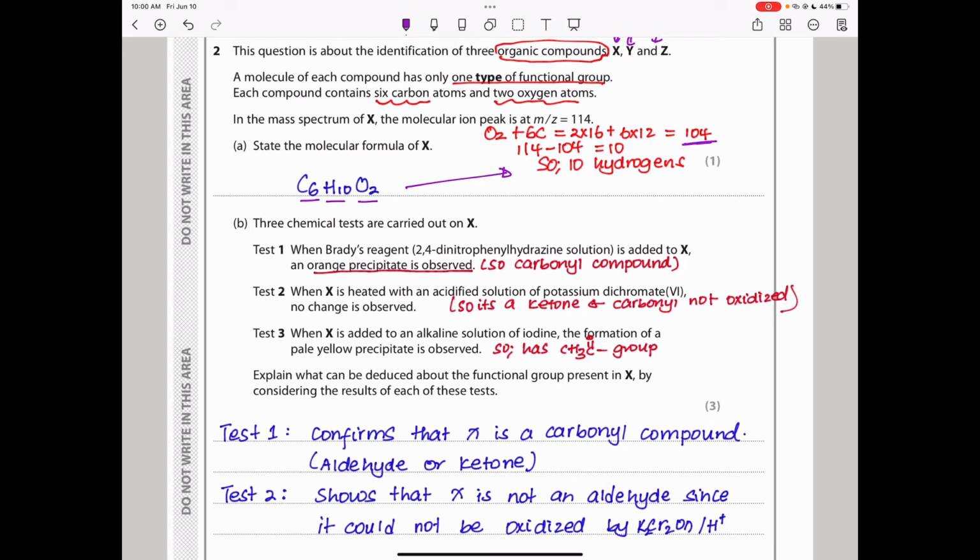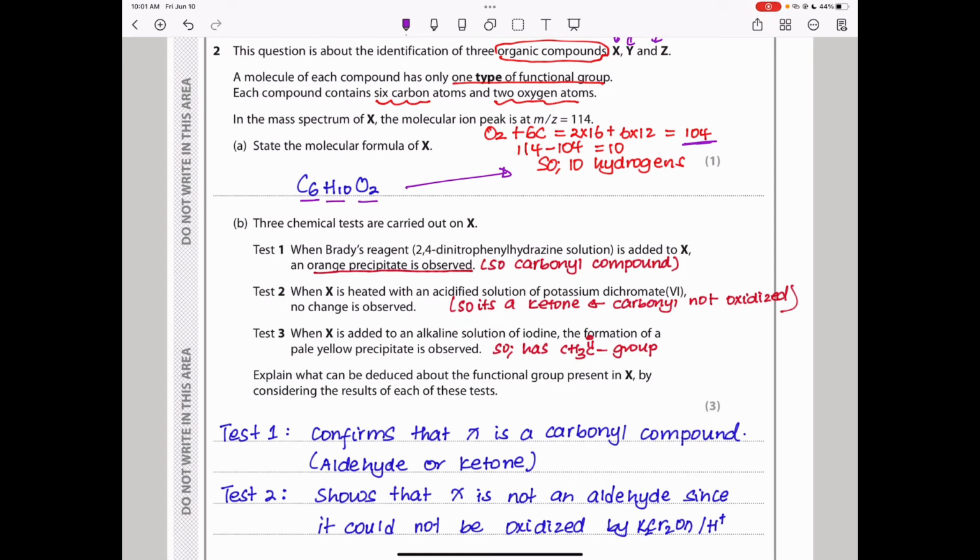And then test 2 says, when X is heated with acidified potassium dichromate 6, no change is observed. This confirms that if there is no change observed, there is no aldehyde. Yes, we already confirmed it's a carbonyl, but in this case it cannot be oxidized, so this confirms that this is a ketone. And then part 3 says, when X is added to an alkaline solution of iodine, this is the iodoform test, the formation of a pale yellow precipitate is observed.